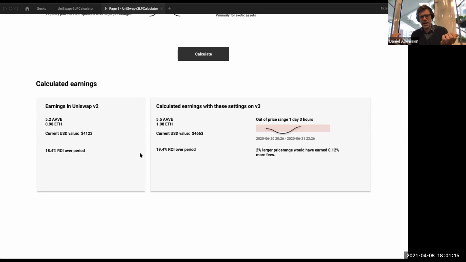I don't want to end up with only one of the tokens. That's never my goal with being a liquidity provider. So maybe the optimization for this tool would be rather, okay, let's just make sure that I'm in position most of the time and that I don't end up with only one token, because I'm actually not here to trade between one and the other.